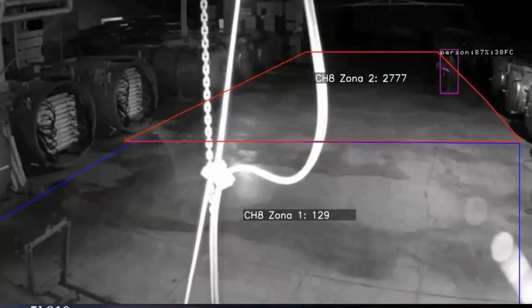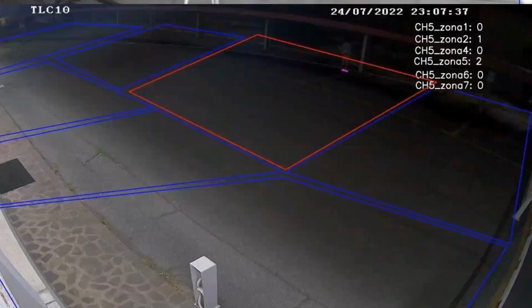If you got this kind of scene on our solution, this is how you should configure it. You should set up 2 different zones. Each zone should have different detection rules, like minimum object size, maximum object size, the angle, the thresholds, and so on. And on bigger scenes, you need to draw those zones in many places.